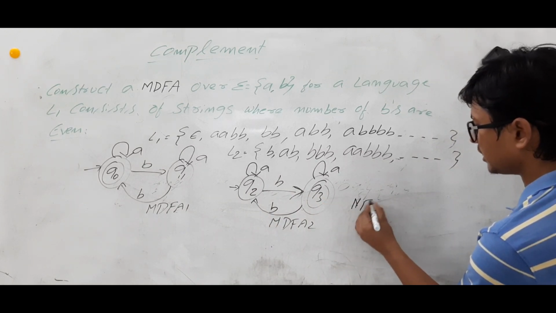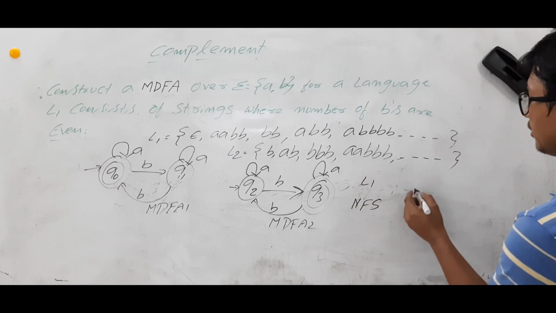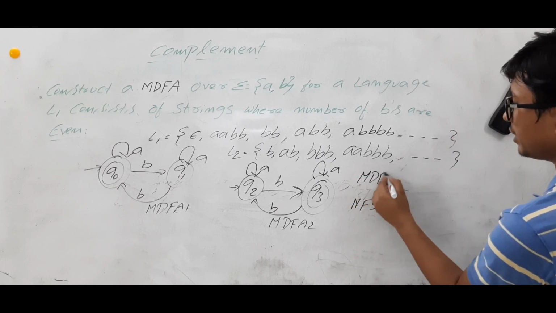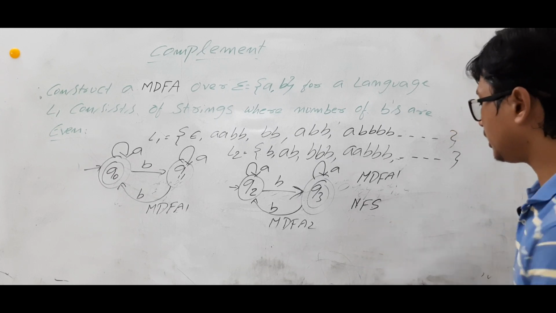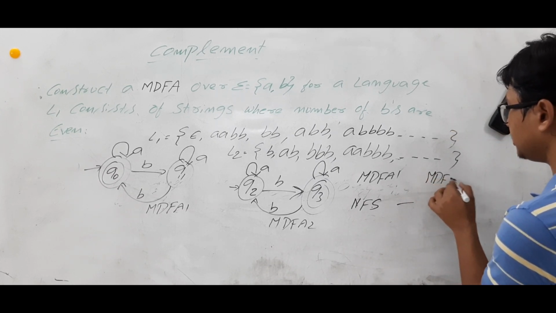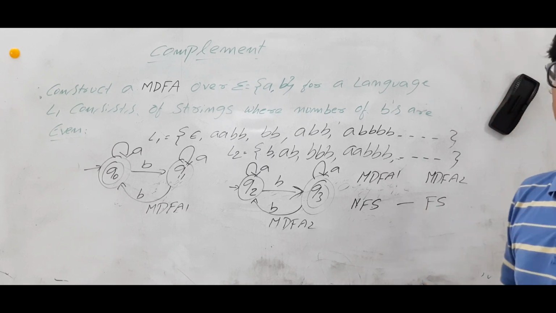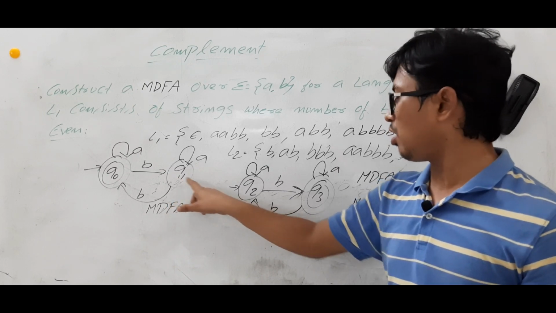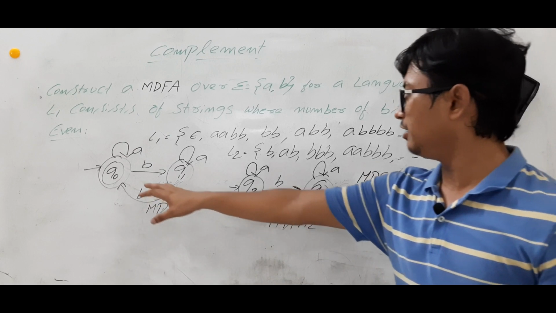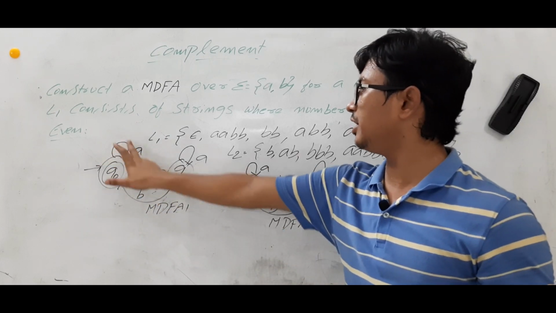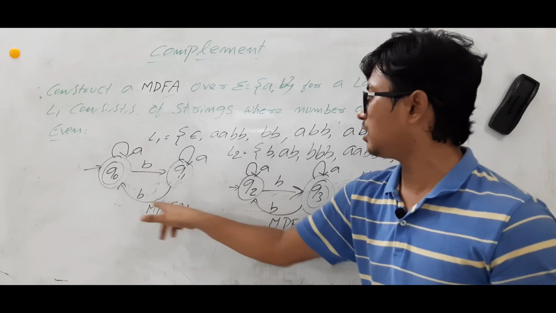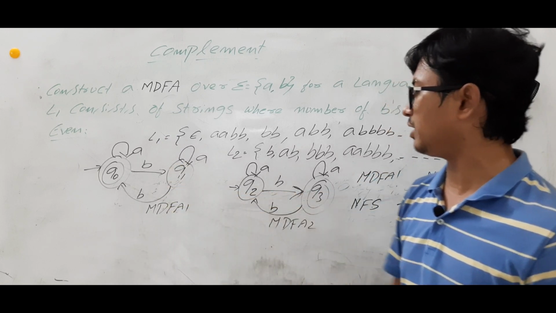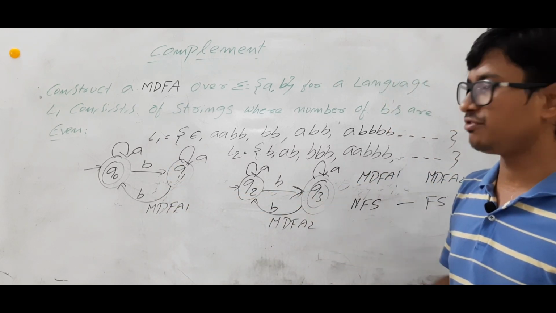The non-final state in minimized DFA1, when it comes to minimized DFA2, you made it a final state. Let me repeat again. Here Q1 is a non-final state, and that non-final state you made a final state here. The remaining things look the same. On A it is going to A here, and B's are repeating like this. So everything is the same. Only the non-final state in minimized DFA1 became a final state in minimized DFA2.